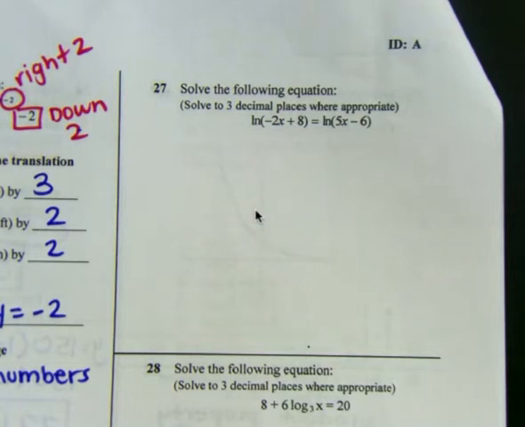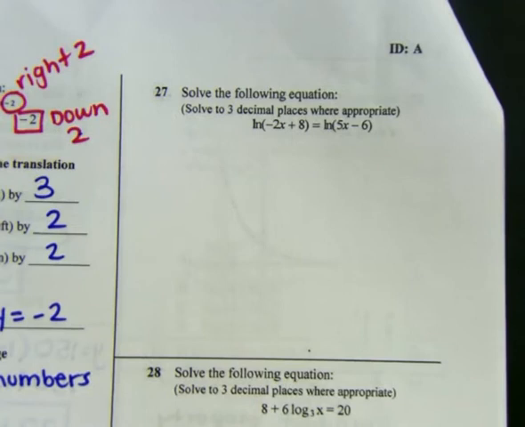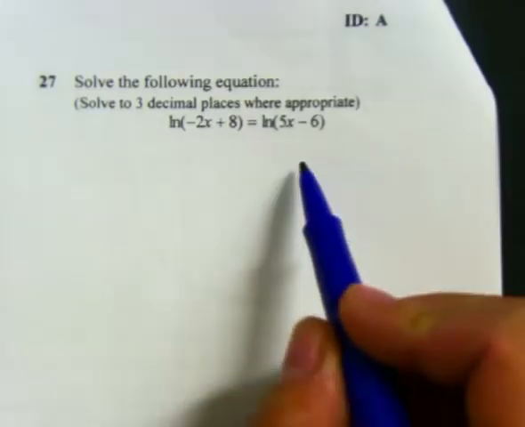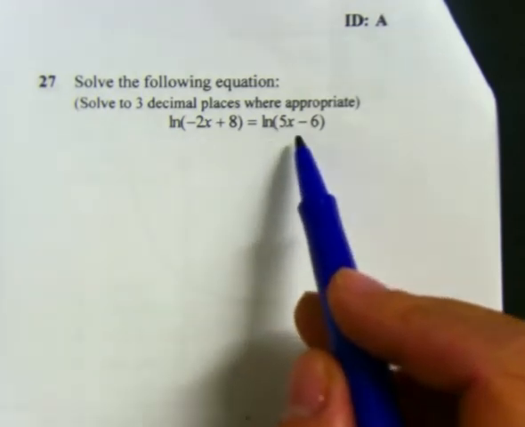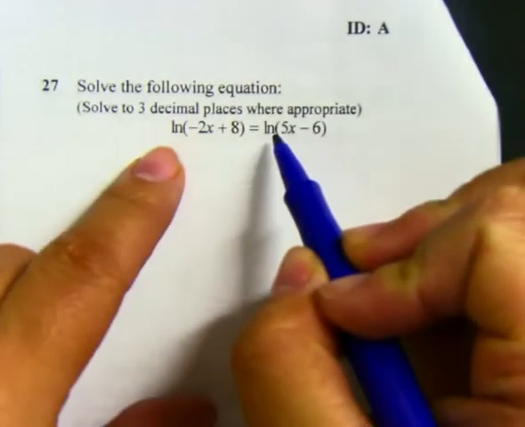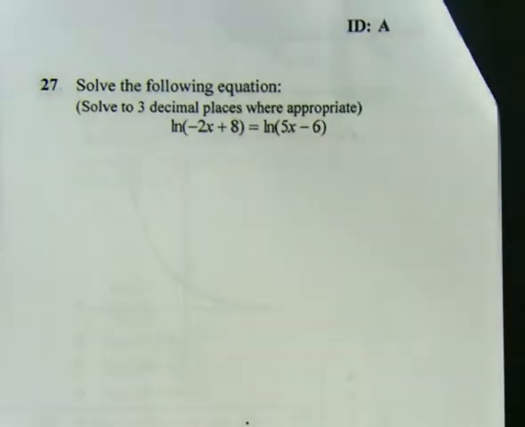Okay, so for 27, solve the following equation. Something you should notice about number 27 is that you have ln on both sides, right? ln of negative 2x plus 8, and then ln of 5x minus 6. So then let me ask you, do you have an ln here or do you have an exponent?